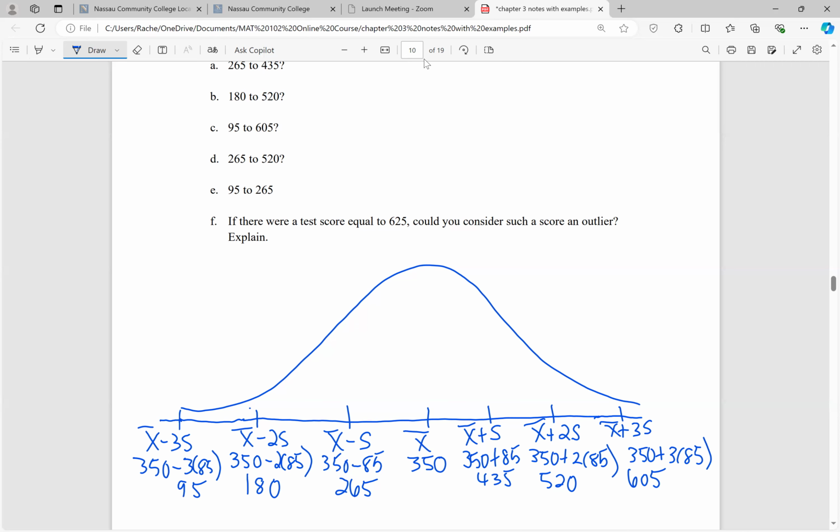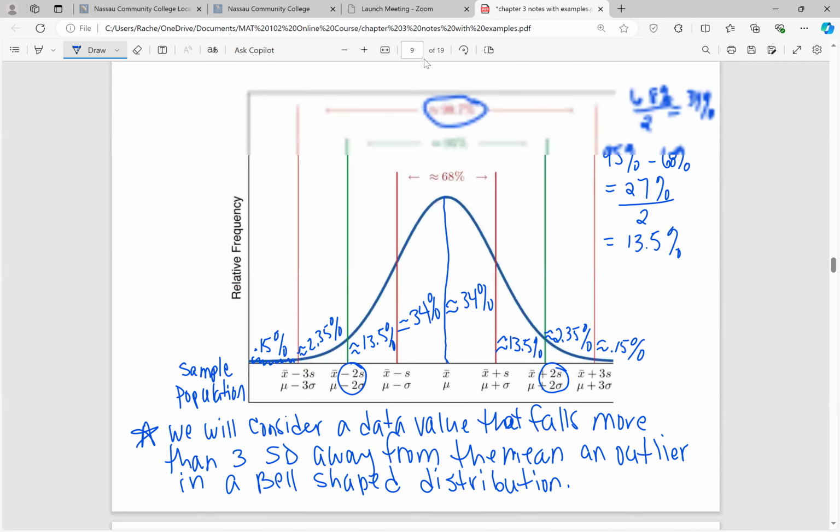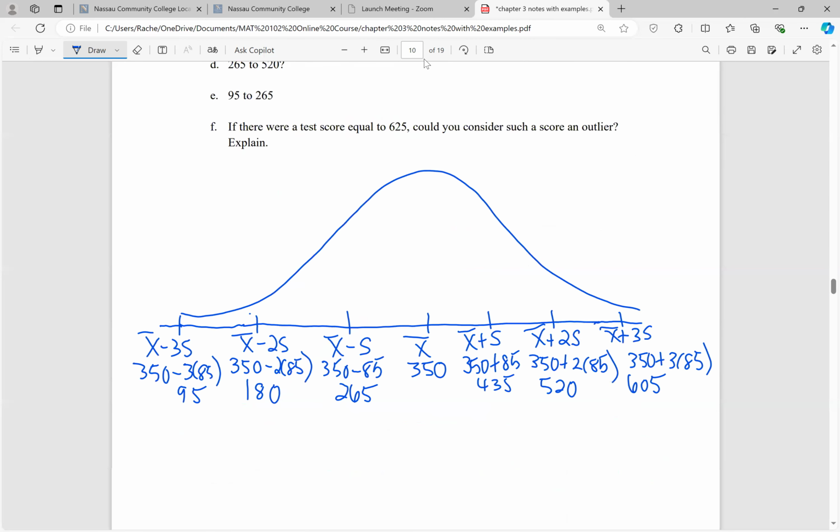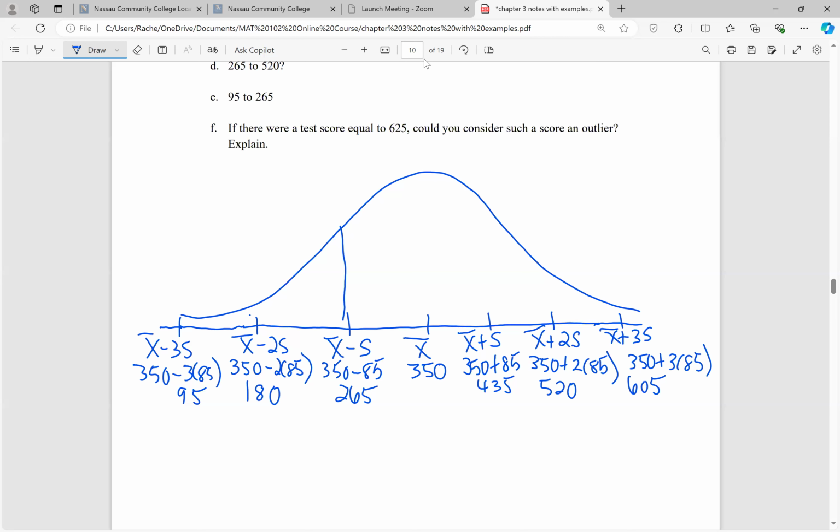And we can assign percentages to these, right? Because now we know about the empirical rule. So we know that we would expect approximately 68% of our data values to be within 1 standard deviation of the mean.